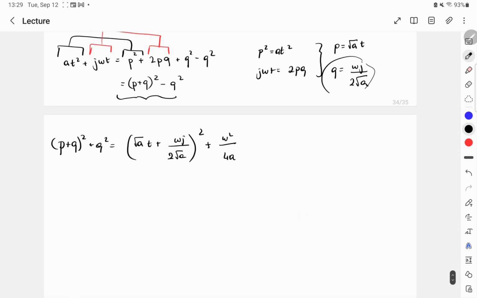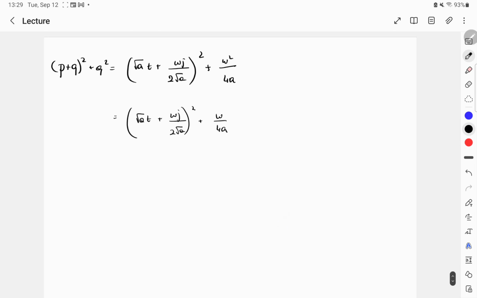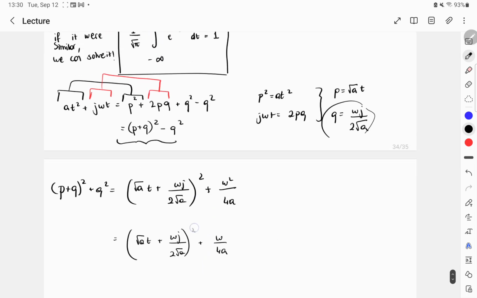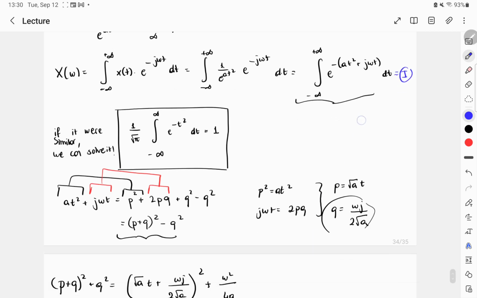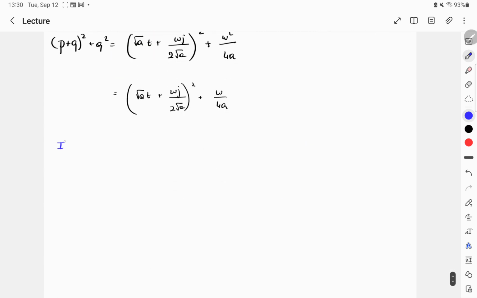Okay, and our final result will be like this. So let me say this equals integral I, and I will write this integral I in our new format, which is the integral from minus infinity to plus infinity.